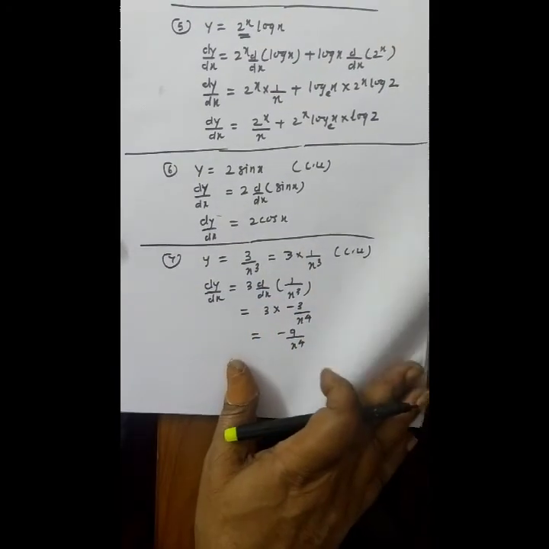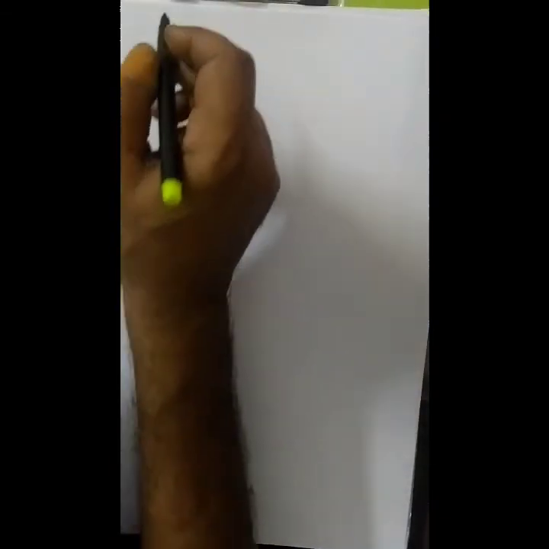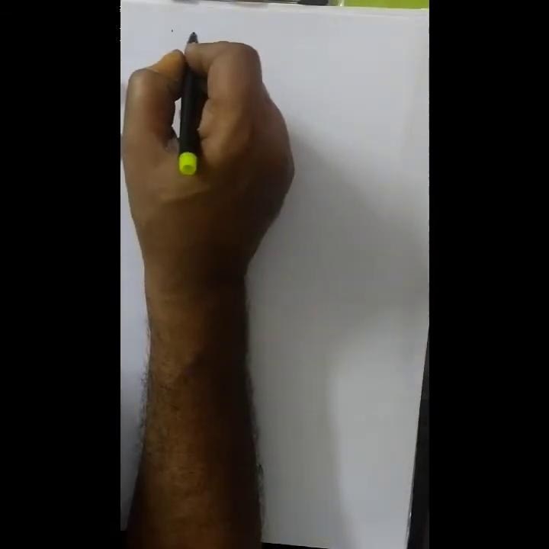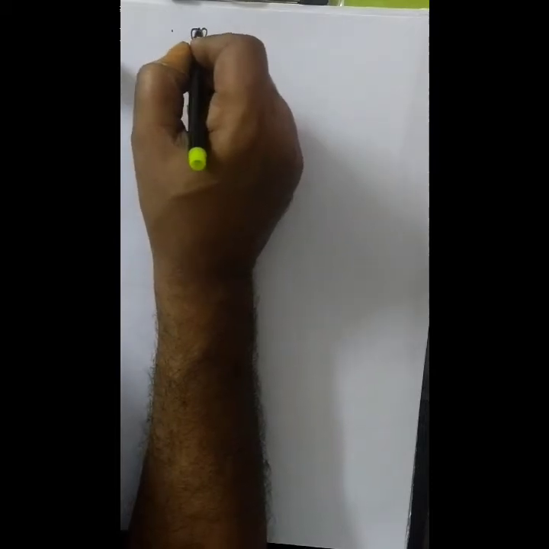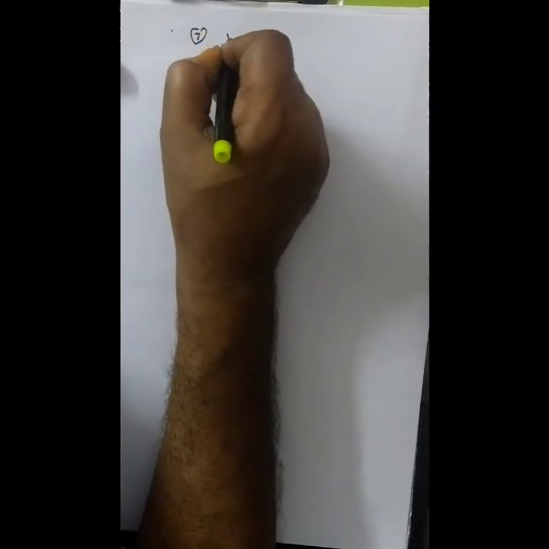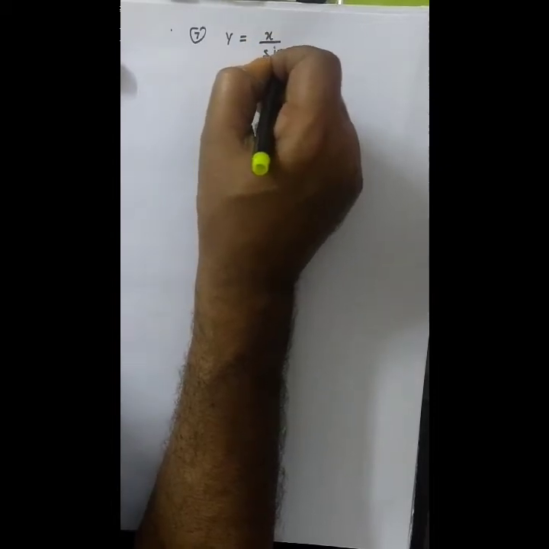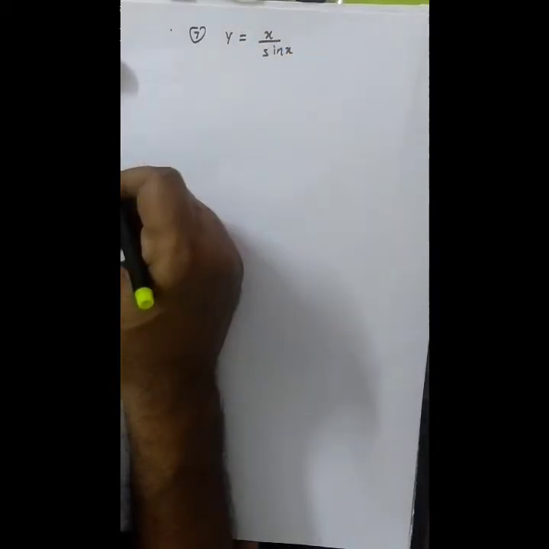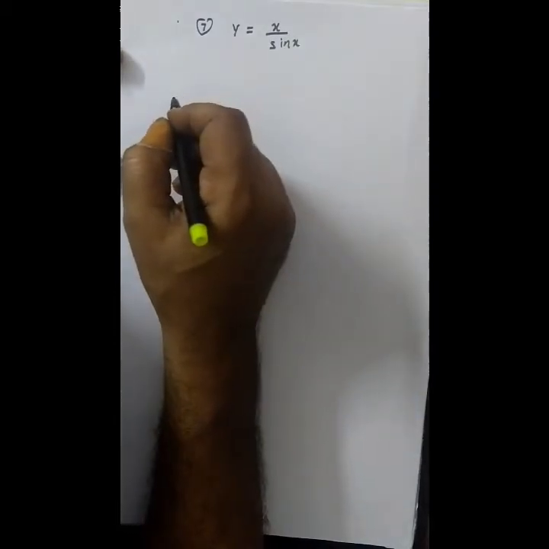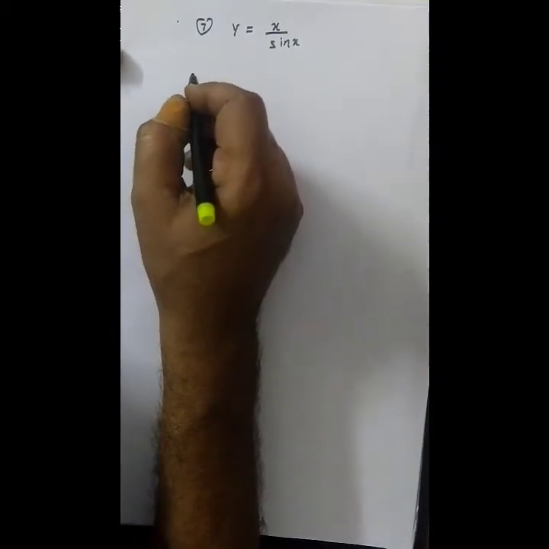So next we will go for u by v formula. y equals to x divided by sin x. Now this is u by v formula.